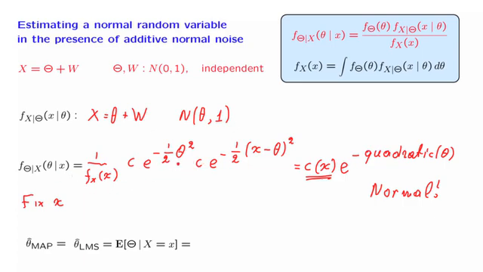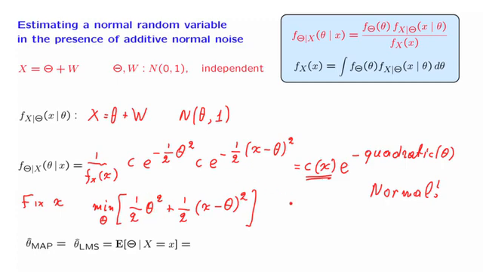To find the peak, we focus on the exponent term, which, ignoring the minus sign, is this one. And to find the peak of the distribution, we need to find the place where this exponent term is smallest. To find out when this term is smallest, we take its derivative with respect to theta and set it equal to 0.